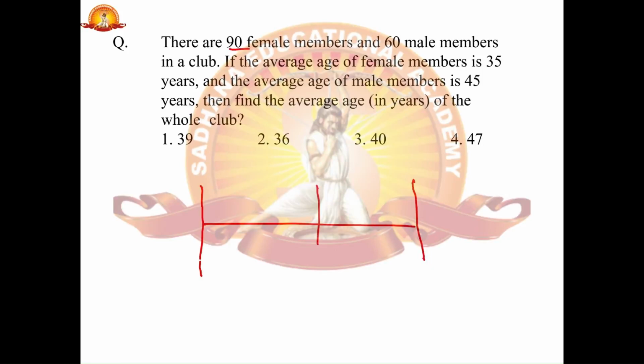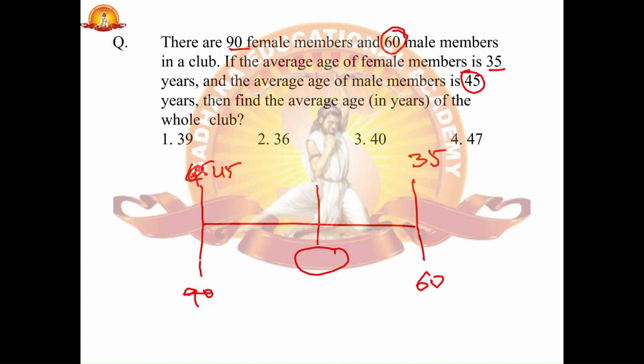There are 90 female members whose average age is given as 35 years, and there are 60 male members whose average age is given as 45. So I have to find the average of all the members together.